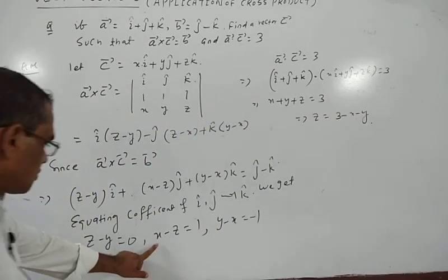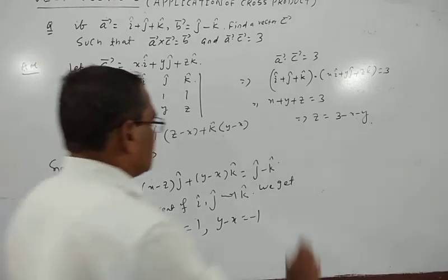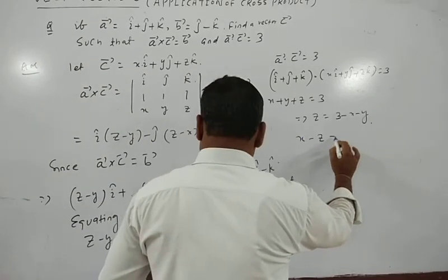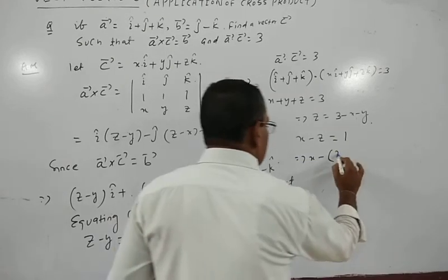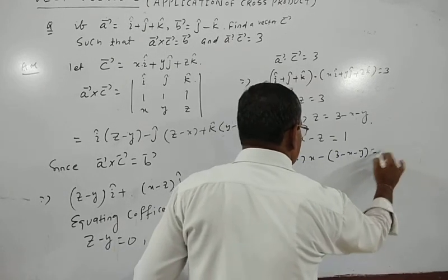Then substitute here in x minus z. Now x minus z is equal to 1, so 3 minus x minus y is equal to 1.